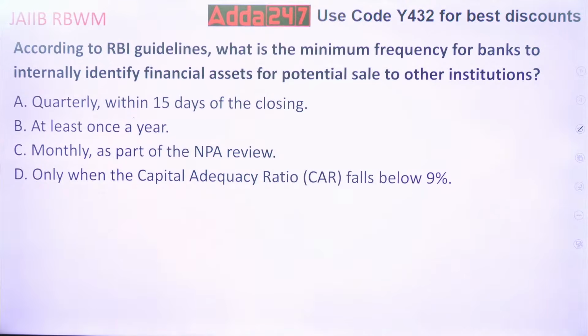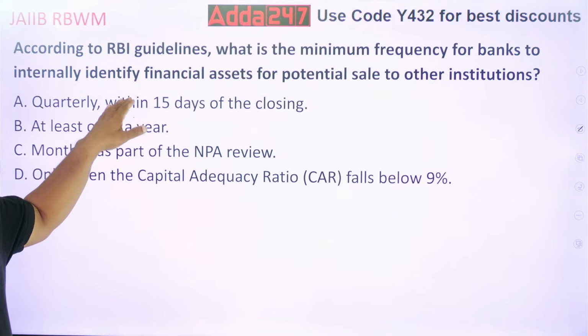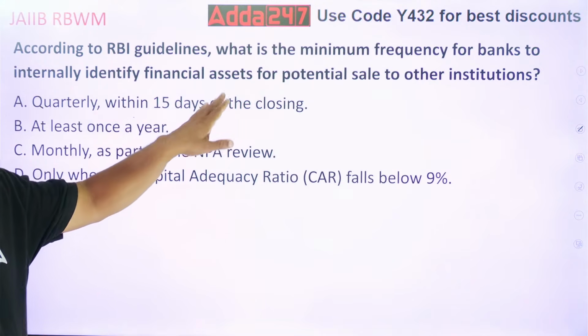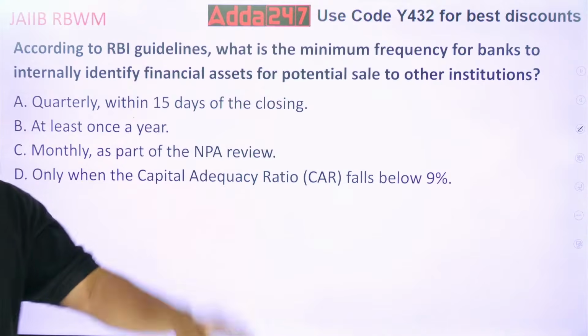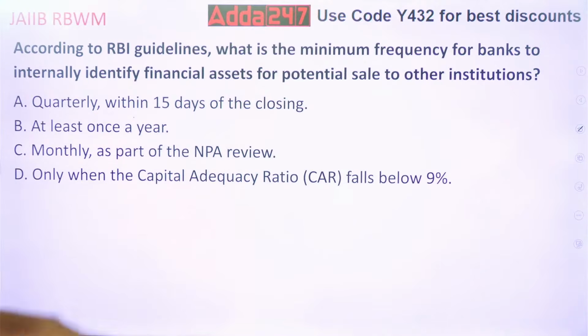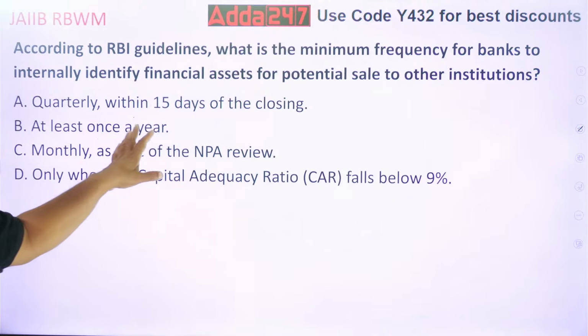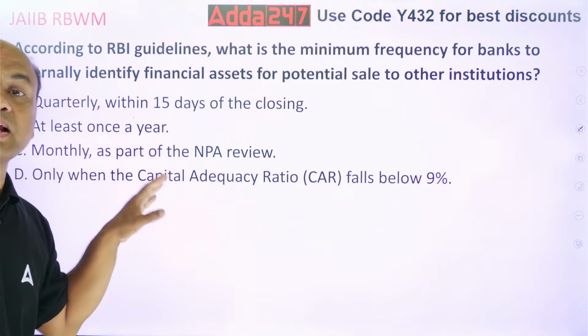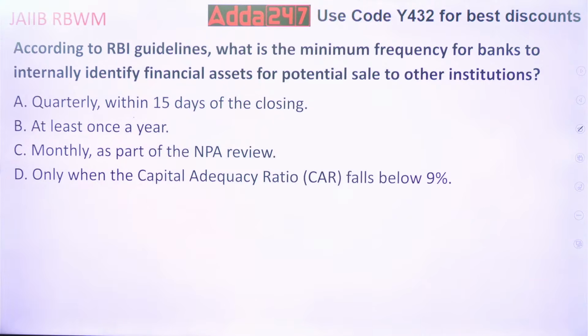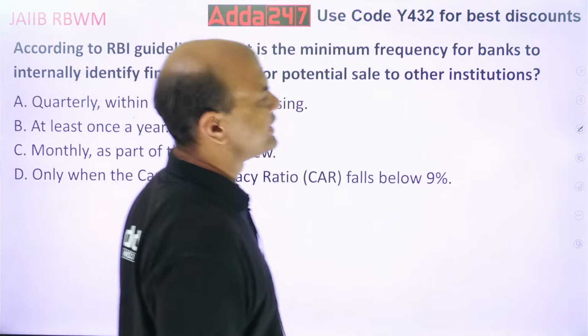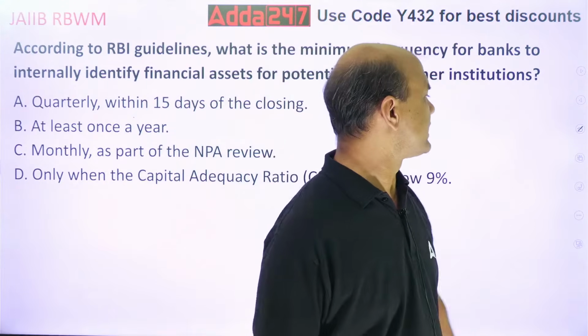According to RBI guidelines, what is the minimum frequency for the banks to internally identify financial assets for potential sale to the other institutions? This theory is there in your securitization chapter.